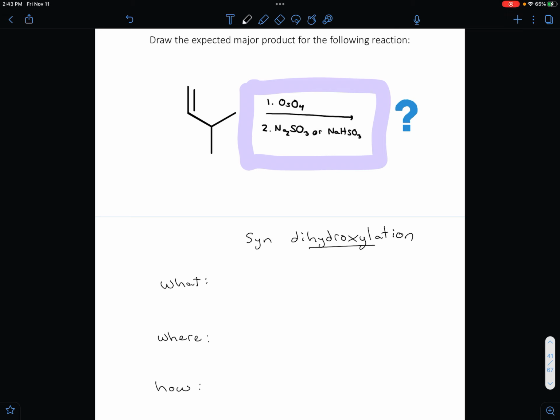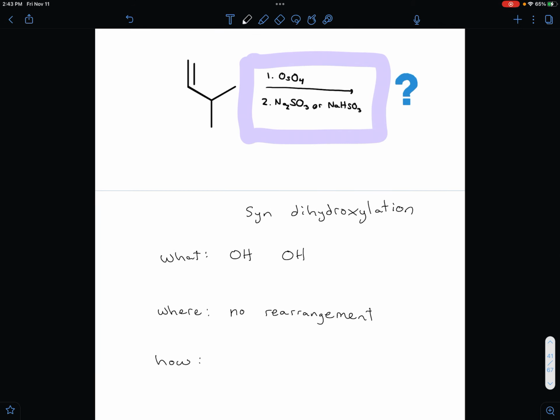So we're going to be adding two hydroxyl groups because it's di, so two OHs. Where are they going to add? Well, there's no rearrangement, so they're always going to add onto the two carbons that were in the double bond. And then how are they going to add? Well, they're going to add syn. So they'll both be on the same side. Either they'll both be coming out at us, or they'll both be going away from us.